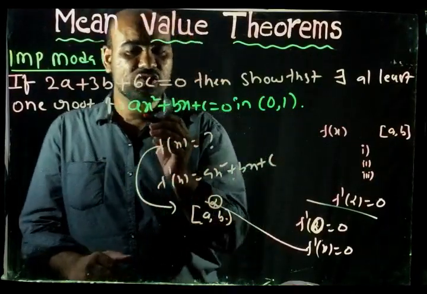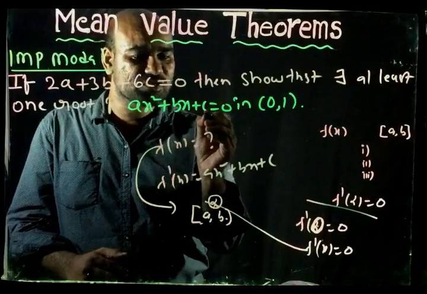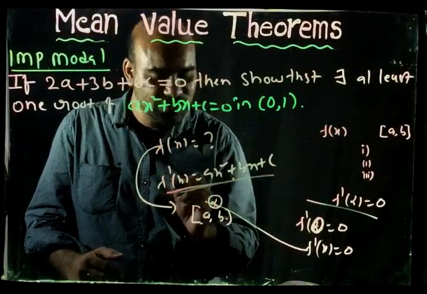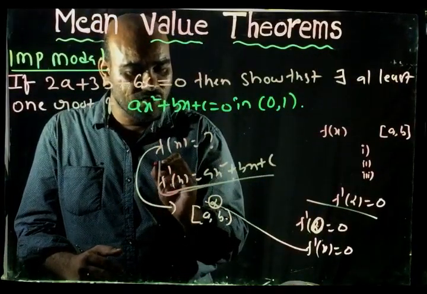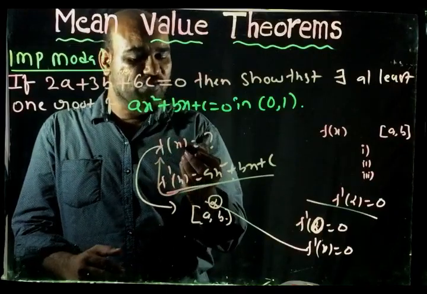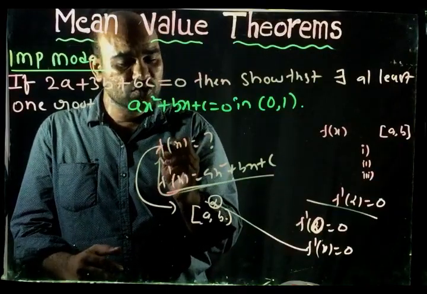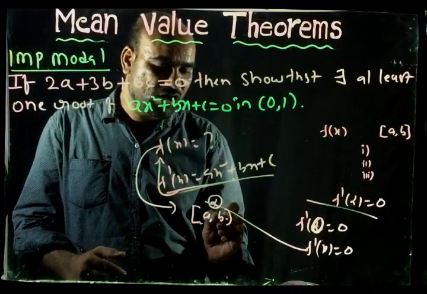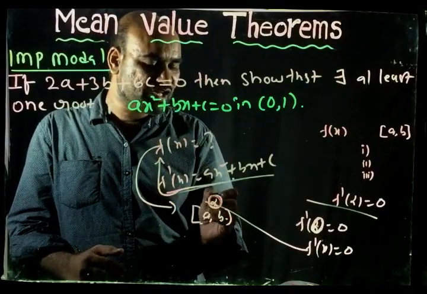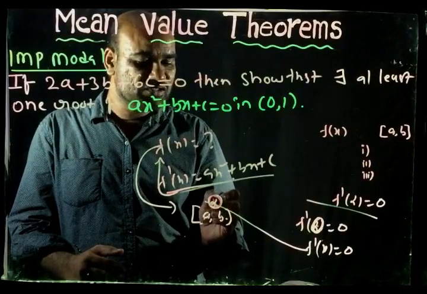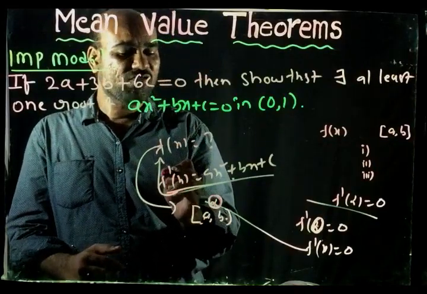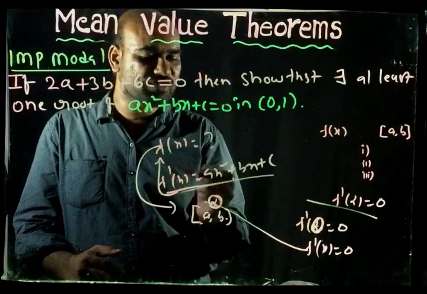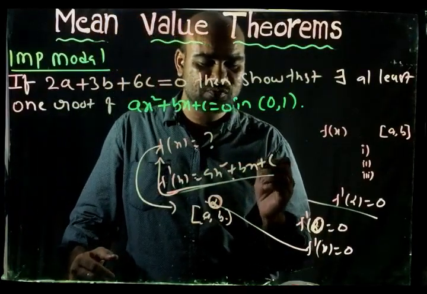We take ax square plus bx plus c equal to 0 as f dash of x, and by using that we find f of x. After finding f of x, we show that f of x satisfies RMVT in this interval. Means automatically there exists alpha in between a to b, which satisfies f dash of alpha equal to 0, means alpha is the root of ax square plus bx plus c equal to 0.